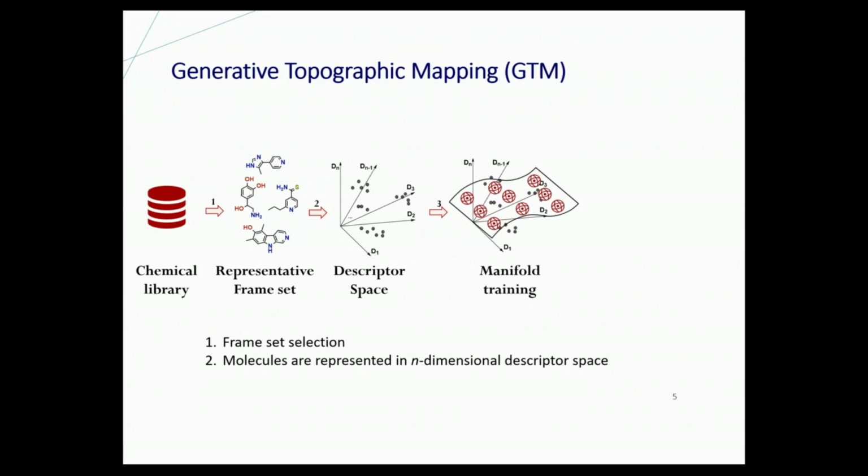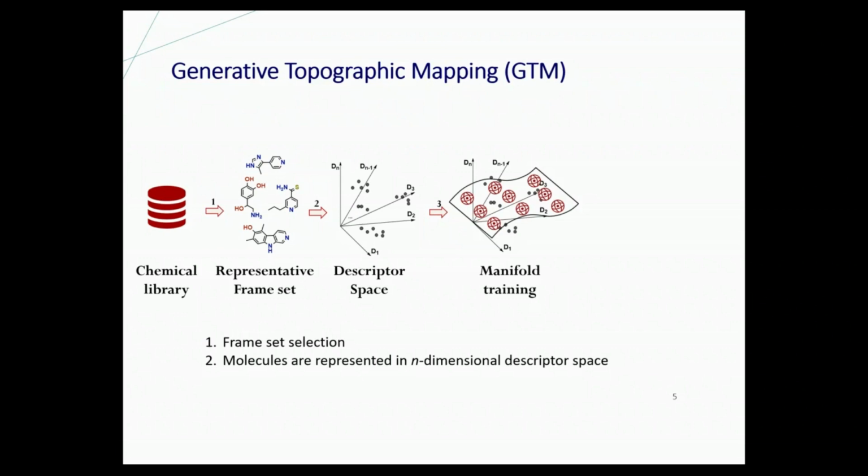So these molecules are represented in their high-dimensional descriptor space, and then the algorithm inserts a two-dimensional flexible manifold. It's like a rubber sheet, and it makes you think about general relativity, where space-time is the manifold that is curved by mass, while here the manifold is curved by these molecules, and its shape is optimized in order to pass closely to as many reference frame set molecules as possible.